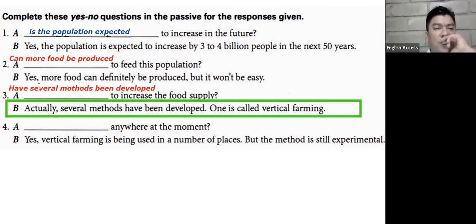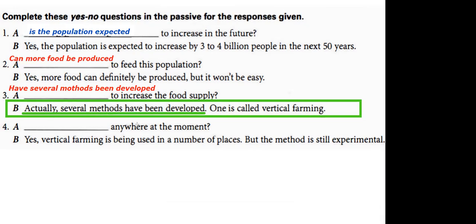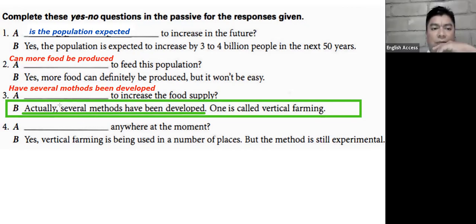What adjective can you change? Because in the answer, when you look at this, actually several methods have been developed. What is the answer, or what is extra information? The extra information is this, several. So if this is extra information, is it correct to have it in the question?